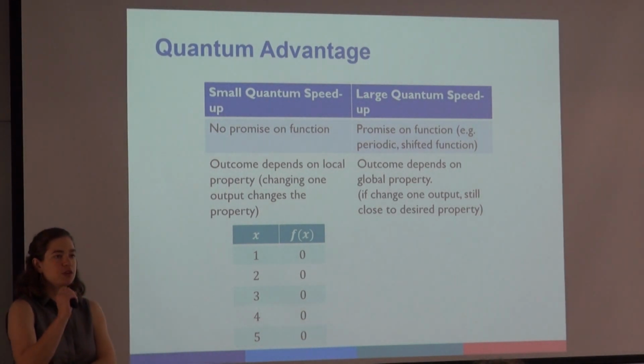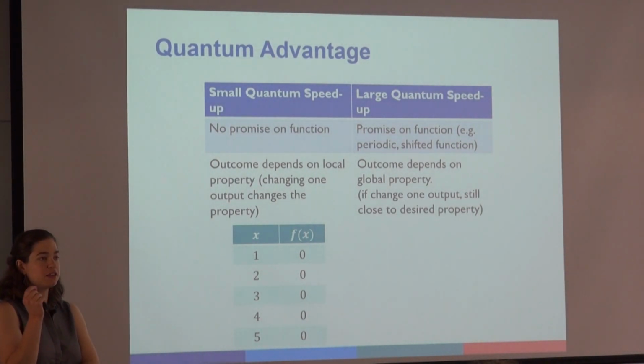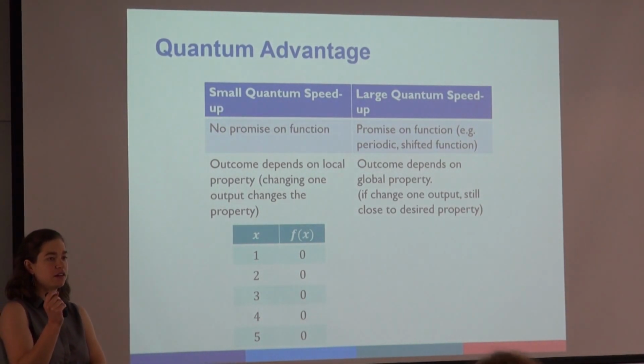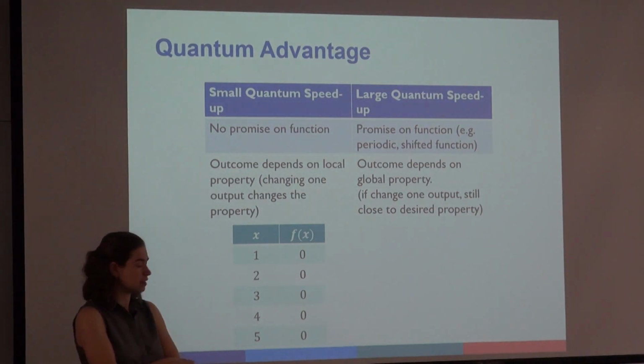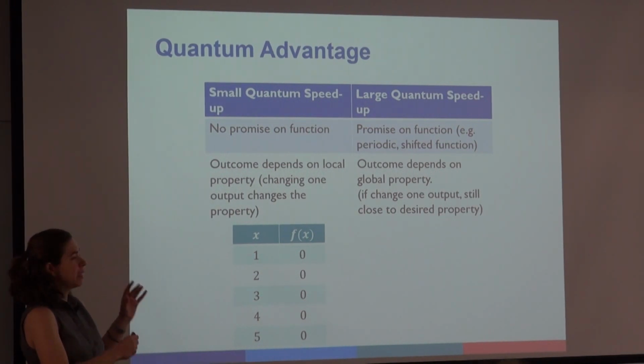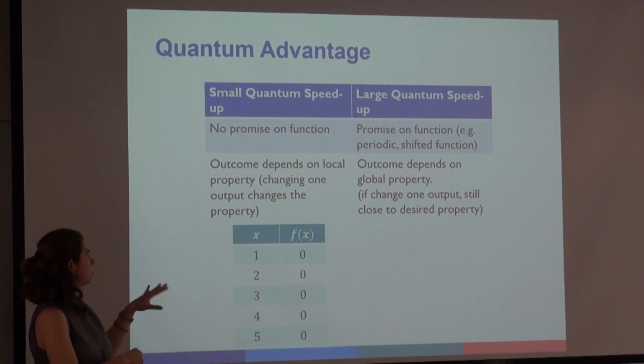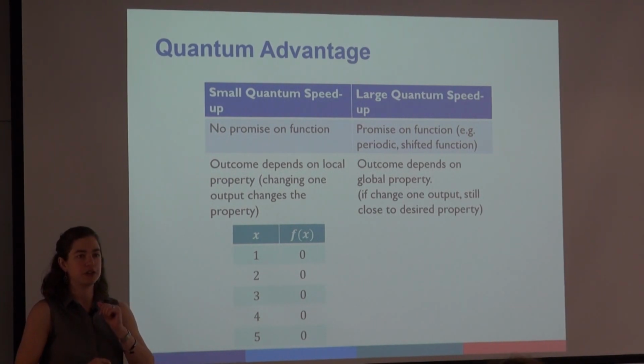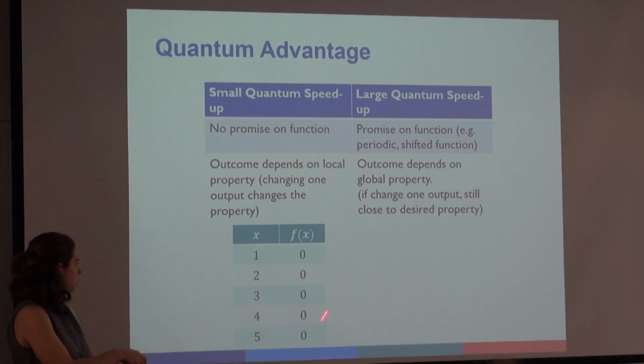Another thing you might have noticed, this is pretty subtle, and this gets at the heart of this model, is that in the case of small speedups, the outcome of the property depends on only one value of the function. So what do I mean by that? Let's look at this function. Here we have f being all zeros.